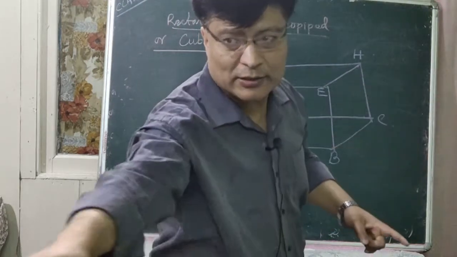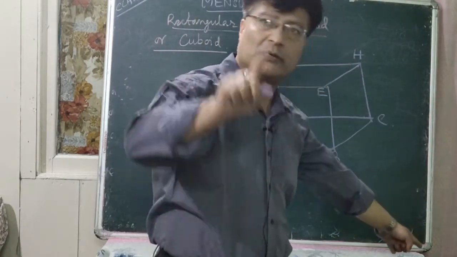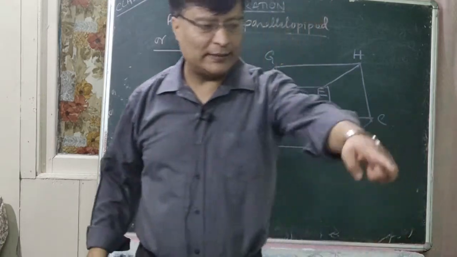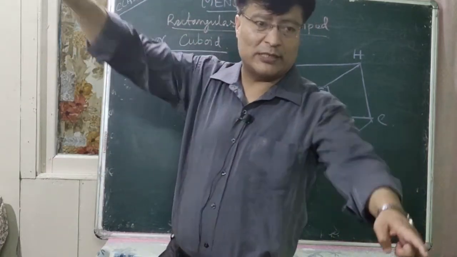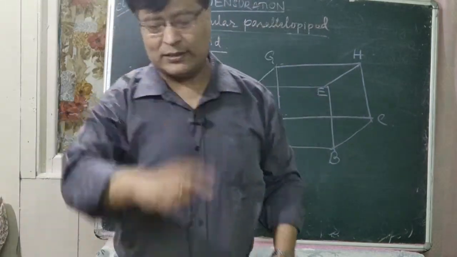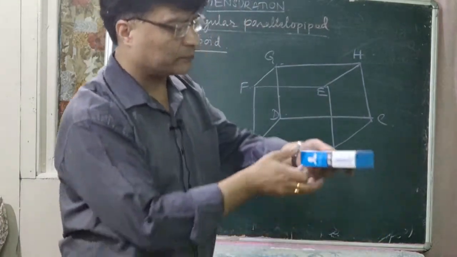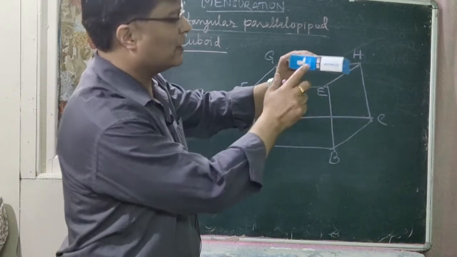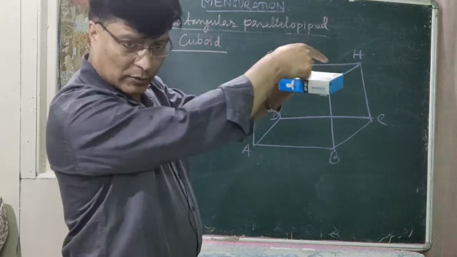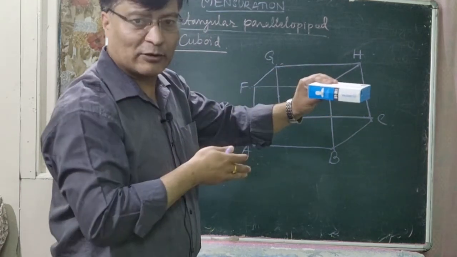This is one of the diagonals, right? That corner and that corner can be joined. This is another diagonal. Again, that corner and that corner can be joined. This is another diagonal. Like this, you can draw a diagonal inside this rectangular parallelepiped.